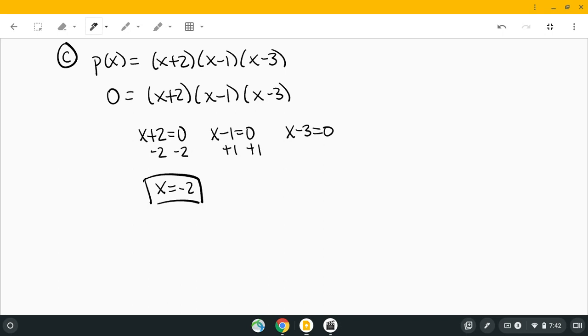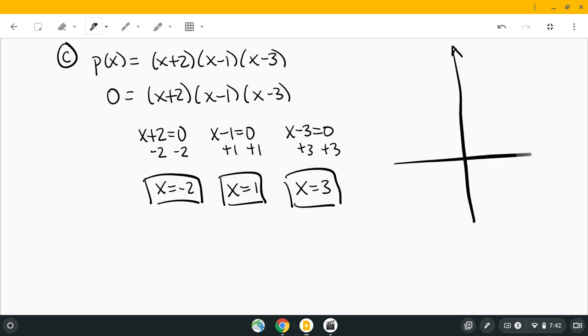Add 1 to both sides, so x equals 1. And add 3 to both sides, so x equals 3. Okay, so that one wasn't too much work. So we have a zero at -2, one at 1, and one at 3. Excellent.